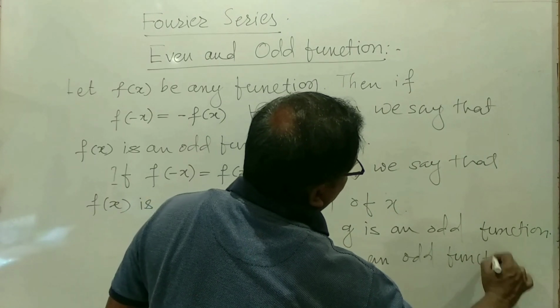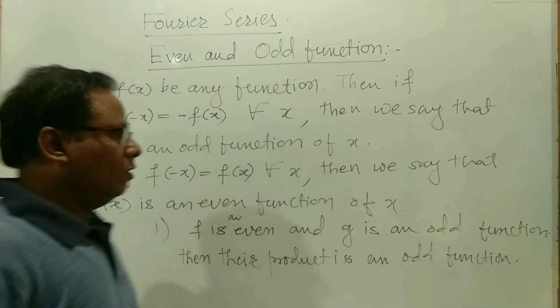That means the product of an even and an odd function is an odd function.